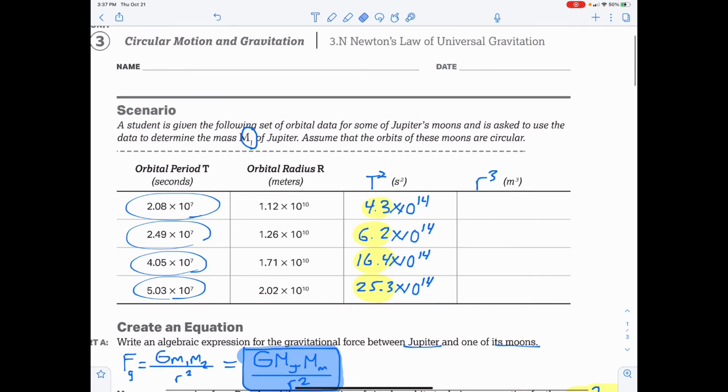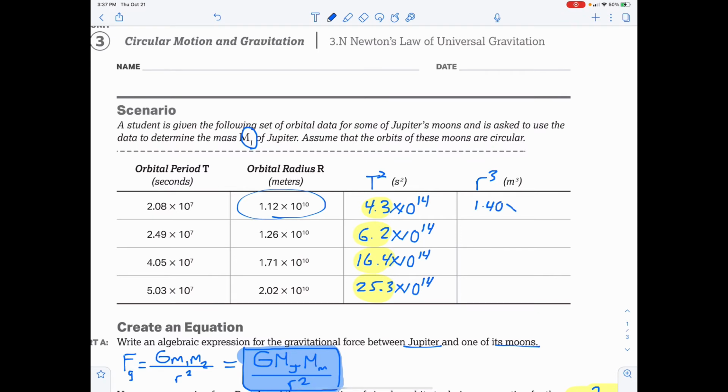R cubed, similar idea. If I take 1.12 times 10 to the 10 and cube it, I get 1.4 times 10 to the 30. If I take 1.26 times 10 to the 10 and cube it, I get 2 times 10 to the 30. Notice the pattern. I want everything to be times 10 to the 30.